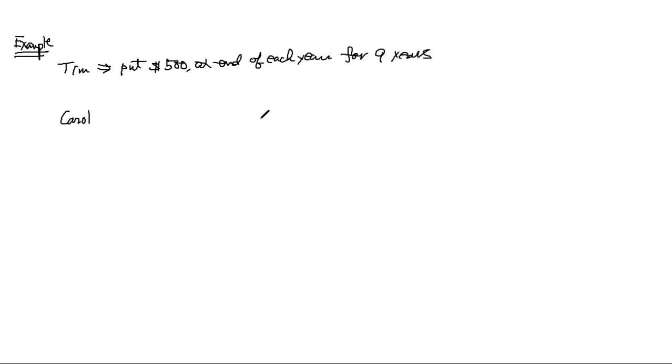So at the end of each year, this is 1, 2, 3, 4, 5, 6, 7, 8, 9. That means Tim is going to deposit 500 here, 500 here, 500 here, each one is 500. That's what Tim is going to do.